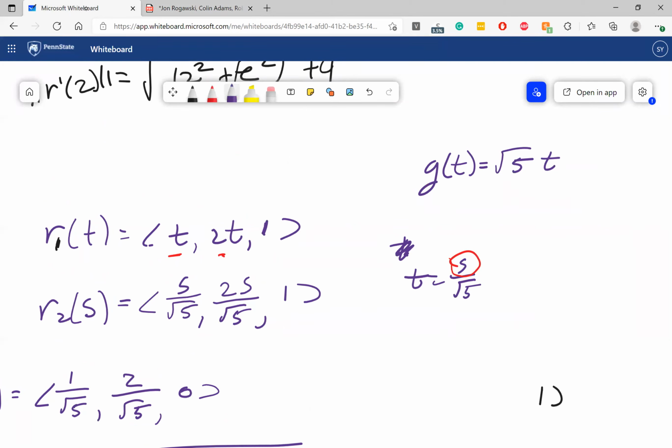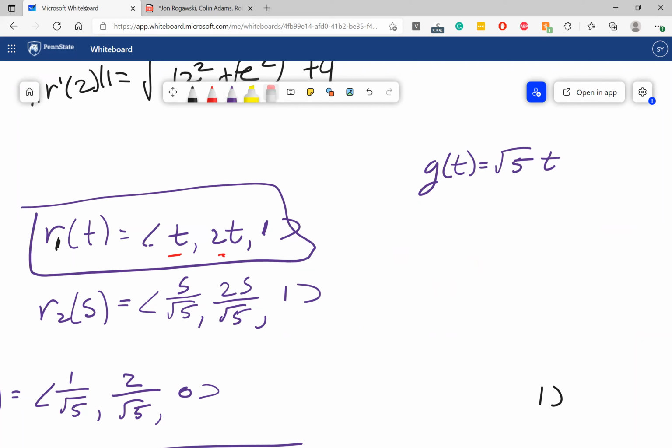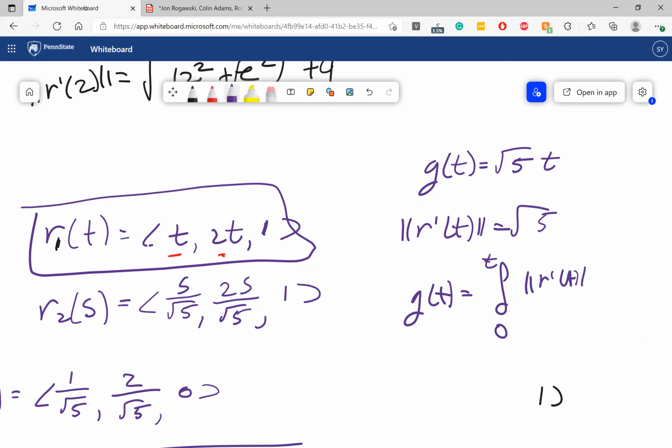Because we got for this problem that the magnitude of r prime of t is equal to the square root of 5. And so if you say, okay, what is my g of t? Well, that's my integral from 0 to t of the magnitude of r prime of u du.